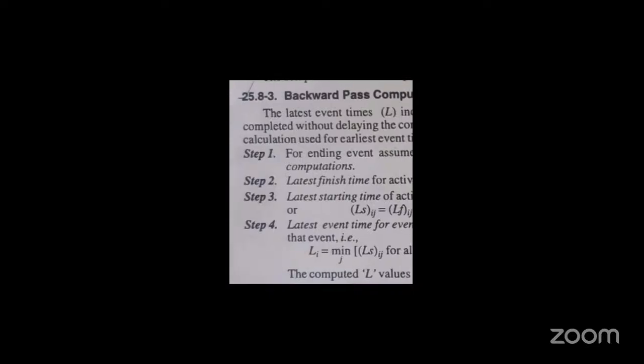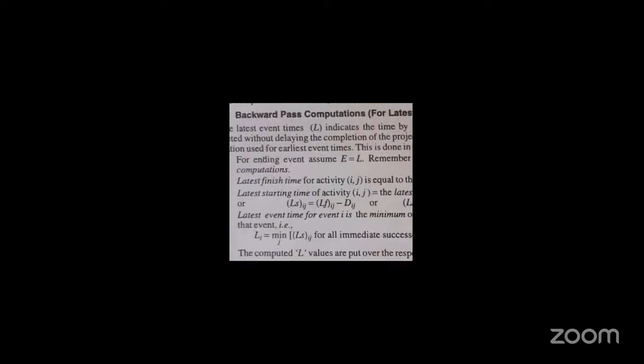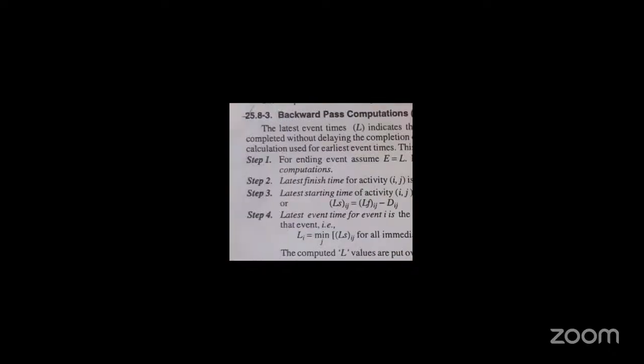The latest event time L indicates the time by which all activities entering that event must be completed without delaying the completion of the project. This can be computed by reversing the method of calculation used for earliest event times. This is done in the following four steps.